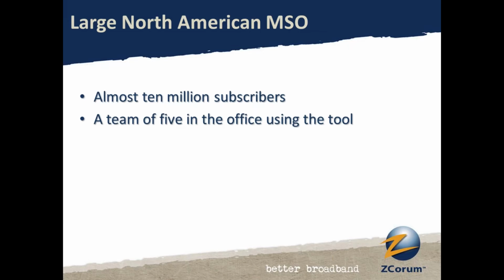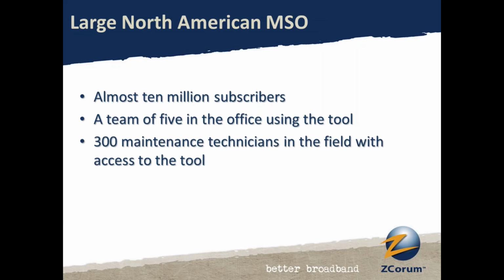How they do that is they have maintenance techs inside the office who are directing field techs out in the field, in this case over 300 maintenance techs who have the tool themselves but also in the office, and they can analyze more efficiently and effectively the best ways to go and solve those problems and not have to be going out and taking network down in certain areas and doing a lot of troubleshooting.